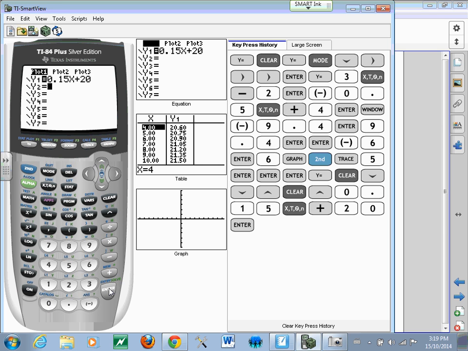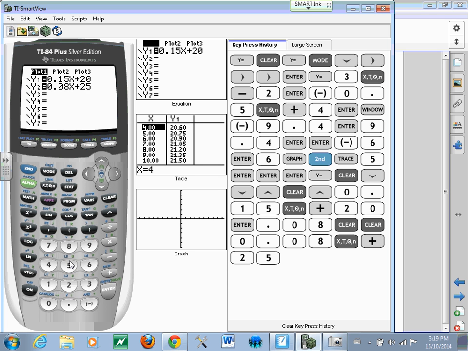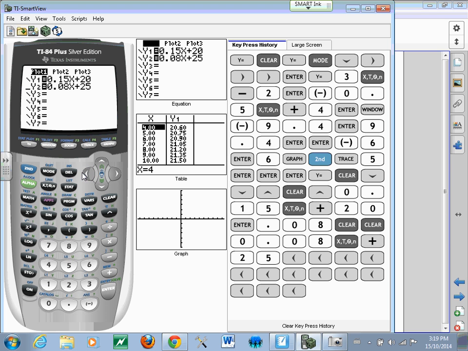I'm going to do my second equation, 0.08x plus 25. Now before I graph these, so I can tell which one is which, I'm going to skirt all the way over to the left side here.